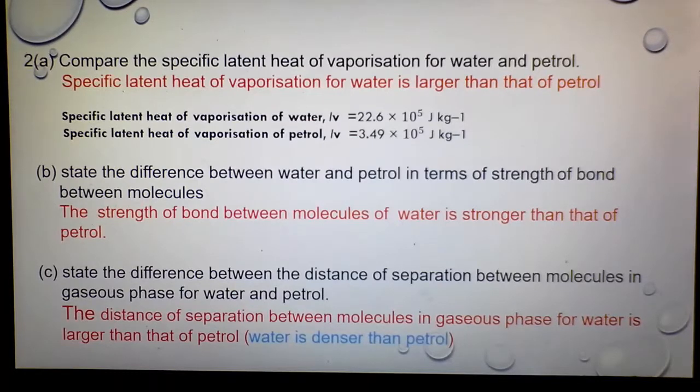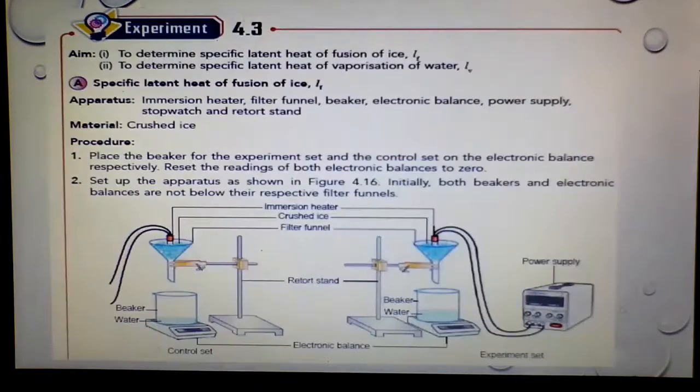State the difference between the distance of separation between molecules in gaseous phase for water and petrol. The distance of separation between molecules in gaseous phase for water should be shorter than that of petrol. Water is denser than petrol because the bond is stronger compared to petrol. Okay, so you can just make corrections for this one.